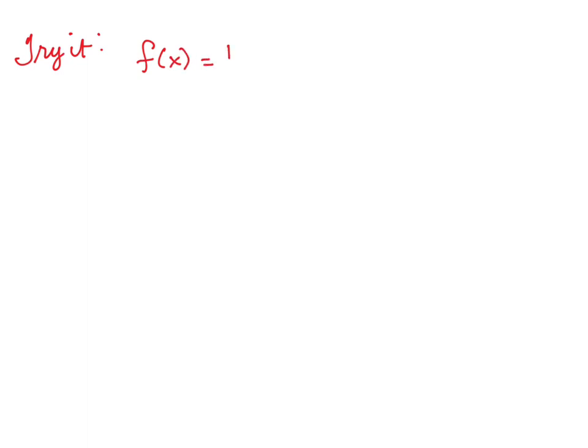All right, so here's your function. F of x is (1 plus 4x) divided by (2x minus 1). This is another rational function.